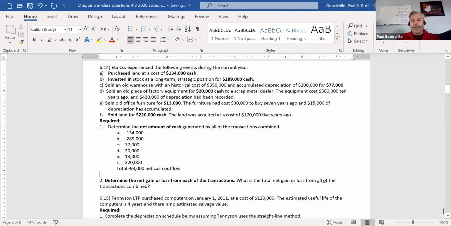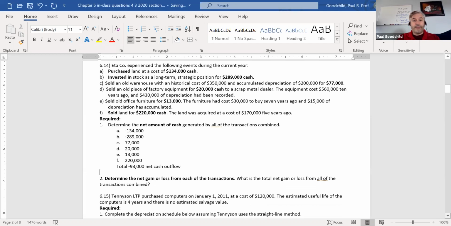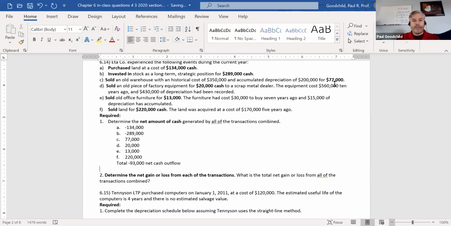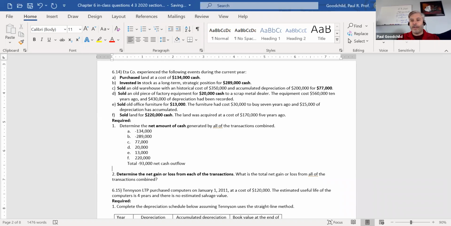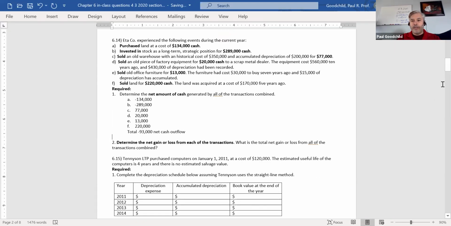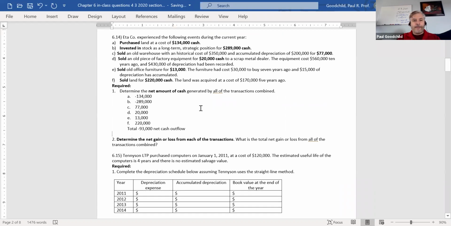Now, Dylan, we've got to answer the next question, and I'm going to shrink this up a little bit so we can keep as much on screen. Let's see if I can hide the ribbon. All right, get a little more screen here. We need the ones that have a gain or loss from each of the transactions. So these first two, we don't have any gain or loss from the transactions.